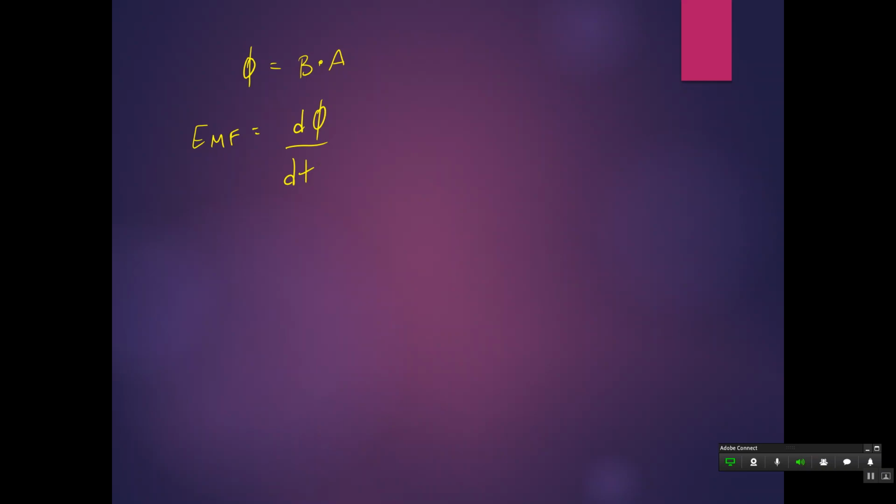So that means the EMF is equal to the change over time of B dot A. The magnetic field is not changing because in this case I told you that it remains constant, right? So I can take that in front of the derivative.